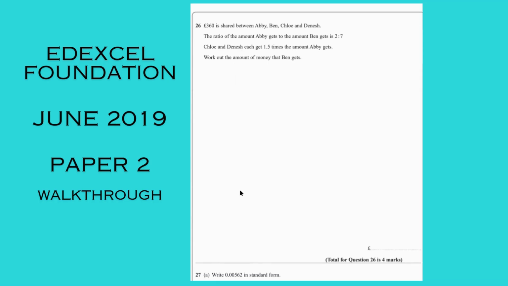Number 26. A wordy ratio question. These things crop up quite a lot. Just get it set up. If you get your information sorted, you're halfway to solving the problem. So we've got Abby, Ben, Chloe and Dinesh.